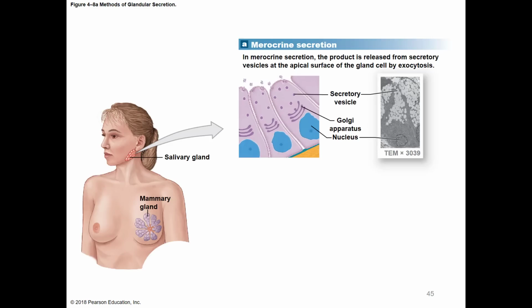So this is what it would look like. So in the salivary gland, for example, here are the epithelial cells that would line the gland, and saliva is being produced and packaged into these secretory vesicles, which will head to the membrane, and then the saliva will be ejected by way of exocytosis.